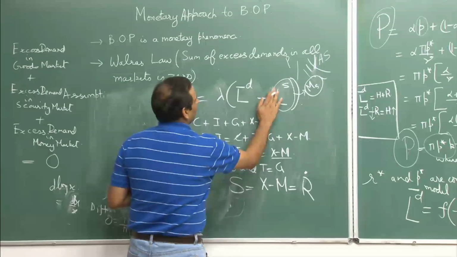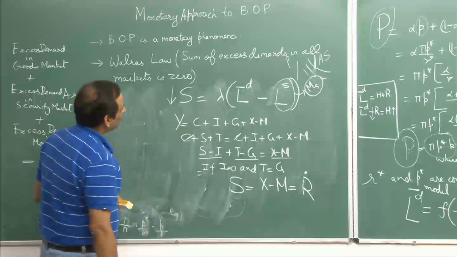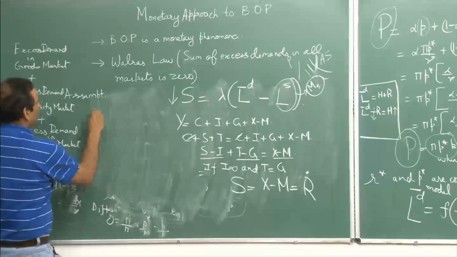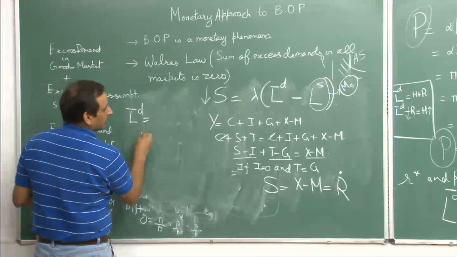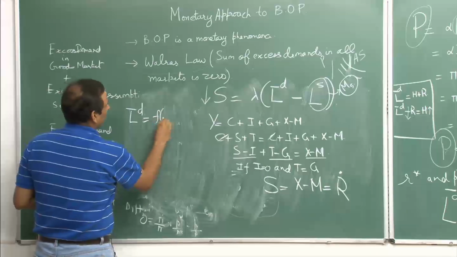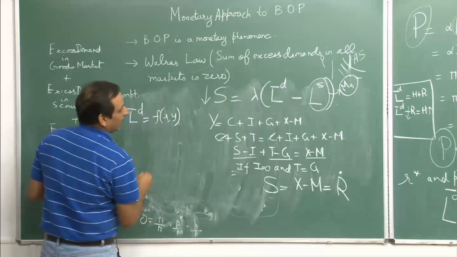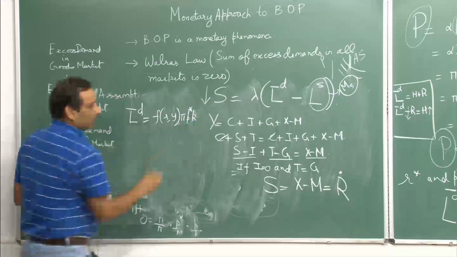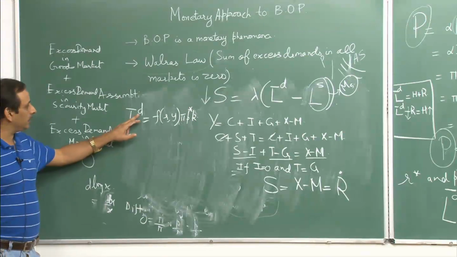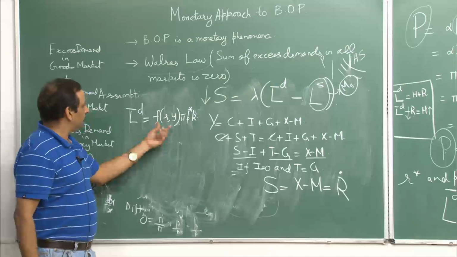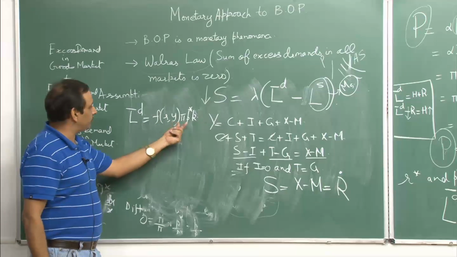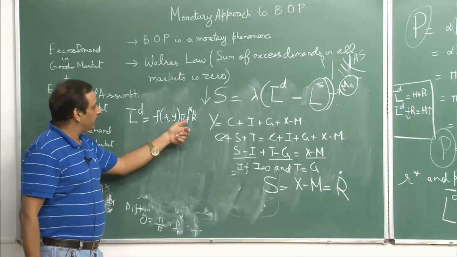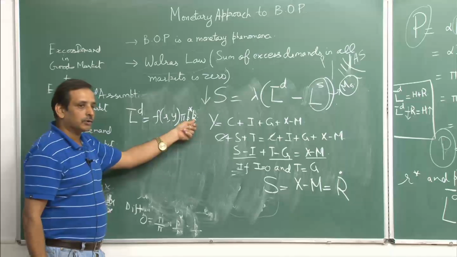Now, think of another thing. Say L bar D is a function of R, Y and P, and P is pi P star K. L bar D is a function of rate of interest and income, pi P star K. P star is fixed, K is a constant.